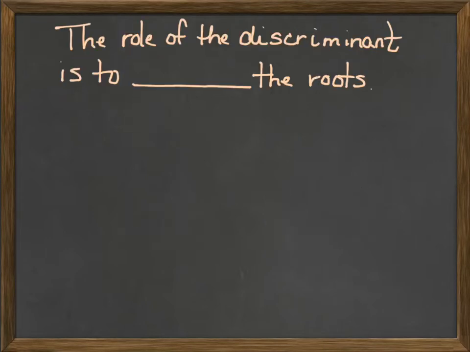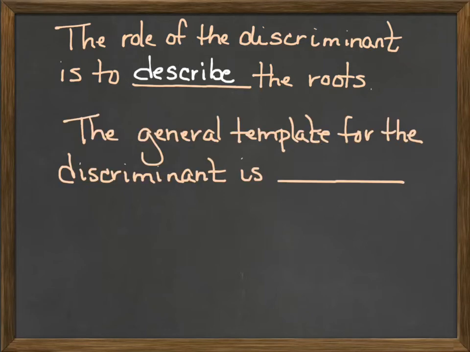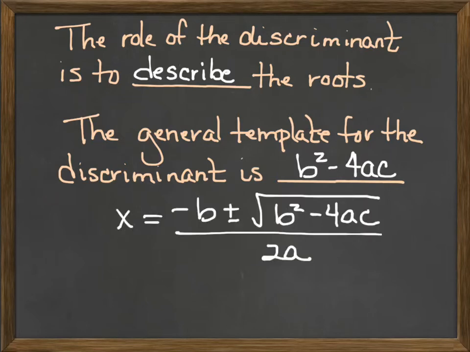The role of the discriminant is to describe the roots. The general template for the discriminant is b squared minus 4ac. Now this is the part that is underneath the radical in the quadratic formula.